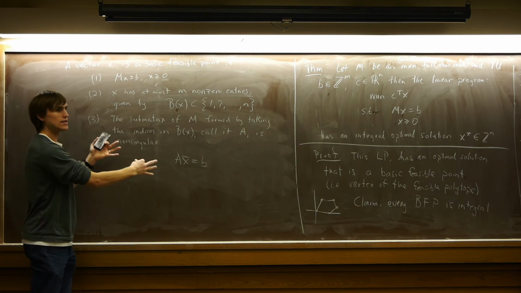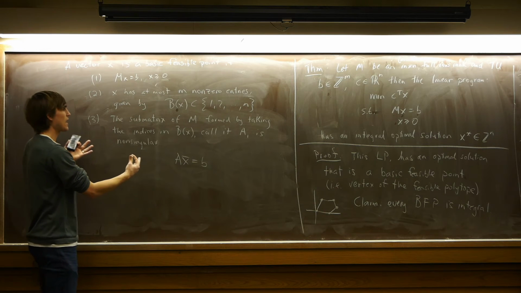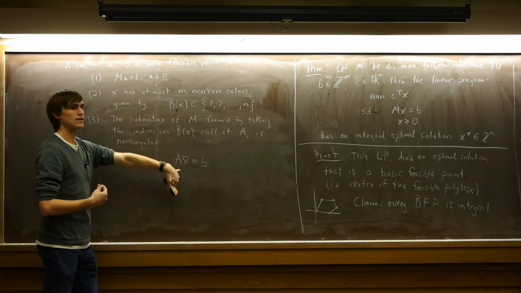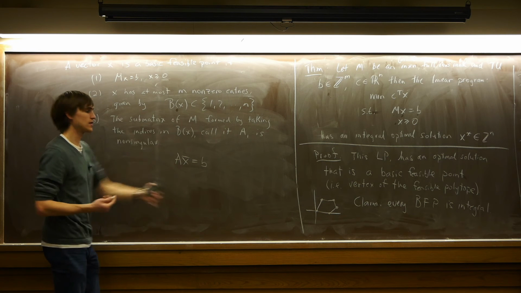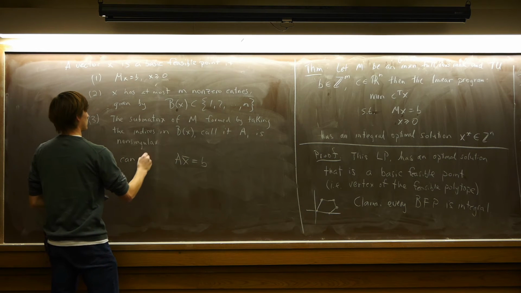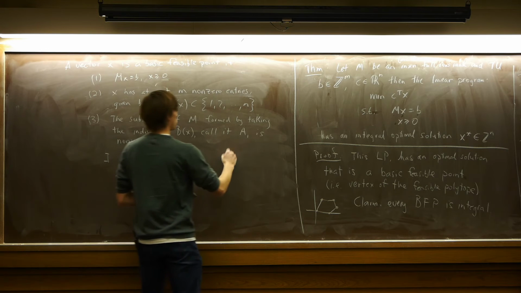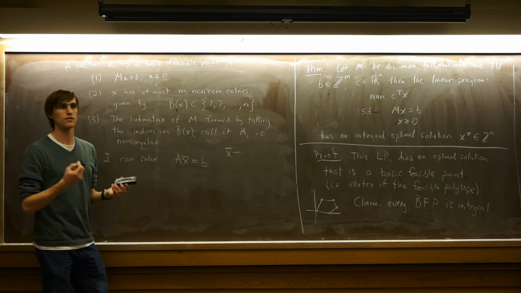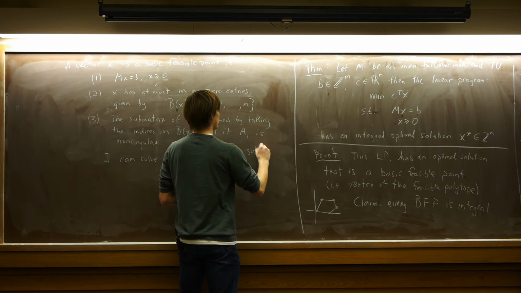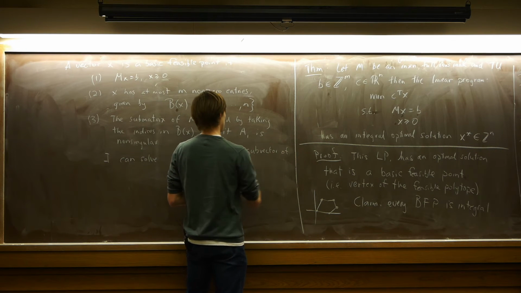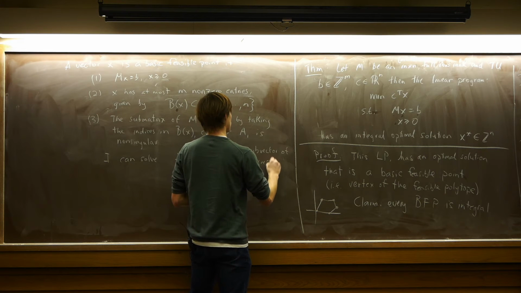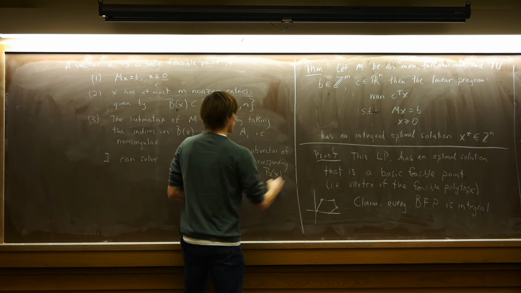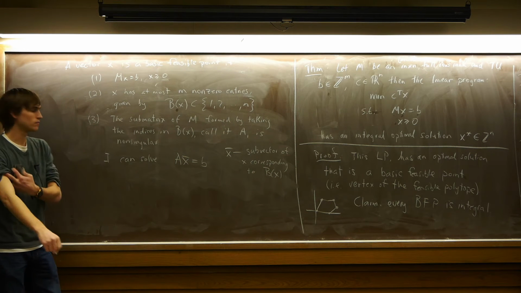The fact that I have this submatrix A of M, M was full row rank, A is non-singular, means that I should be able to solve this system right here, where x bar is the subvector of x corresponding to those indices from B of x, okay?